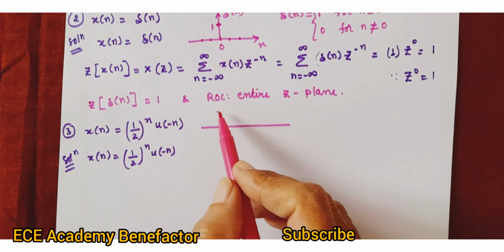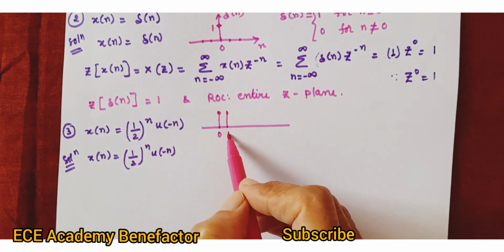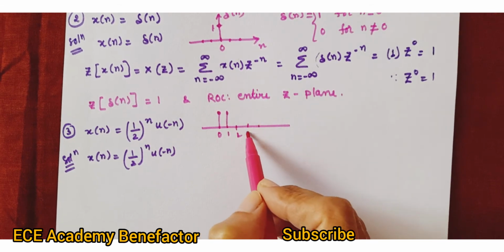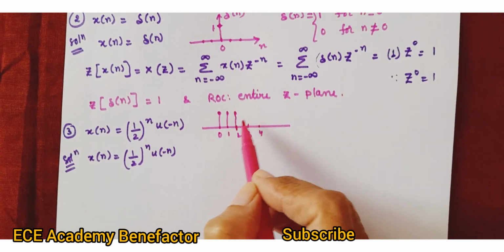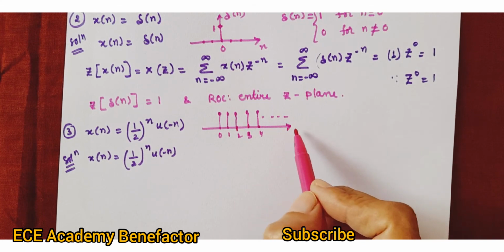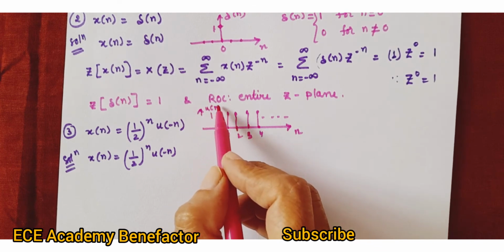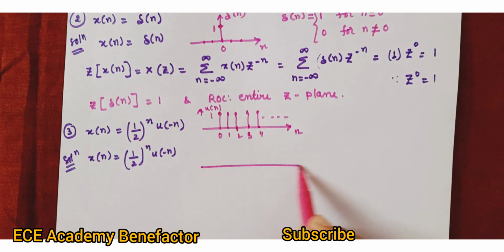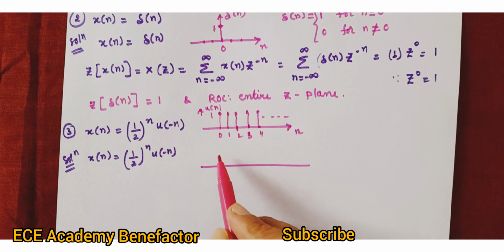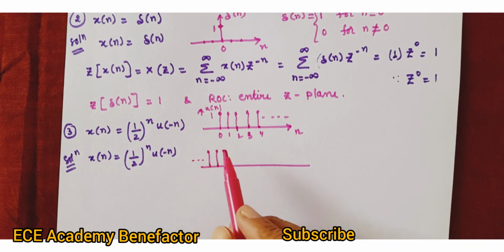Draw the u of n waveform first. u of n is defined from 0, 1, 2, 3, 4. Its value is 1 till infinity. This is u of n. What is u of minus n? Time reversal. 0, 1, 2 and so on.